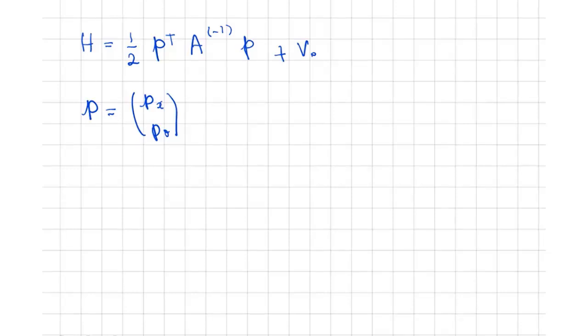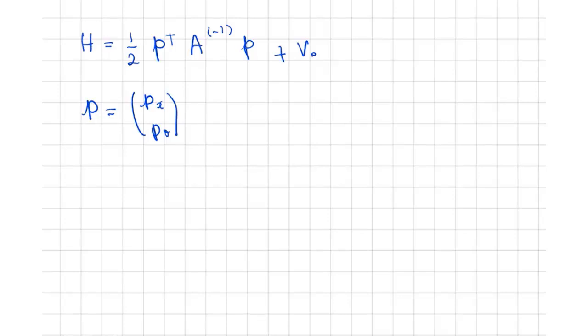We remember that we need to write the Hamiltonian in terms of the generalized momentum and generalized coordinates, because the Hamiltonian is a function of the generalized coordinates and generalized momentum, like the Lagrangian.